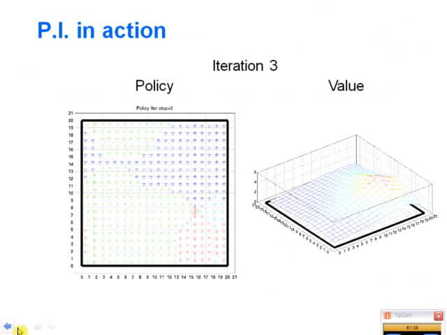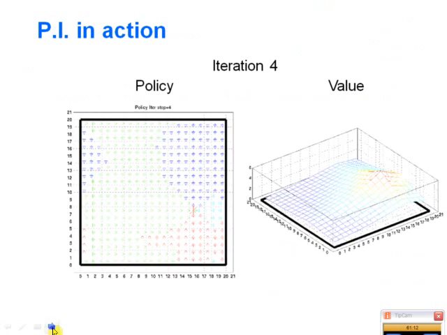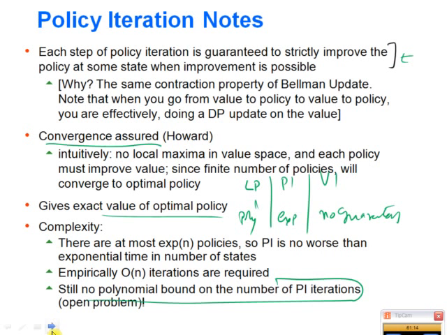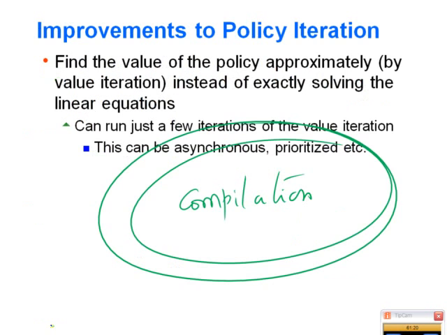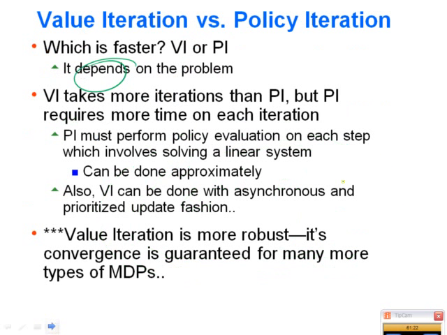In modified policy iteration, instead of actually solving the set of linear equations, I can just run the value iteration a few times. That's modified policy iteration, and it's better than policy iteration, once again because it avoids trying to get the exact value of a policy.